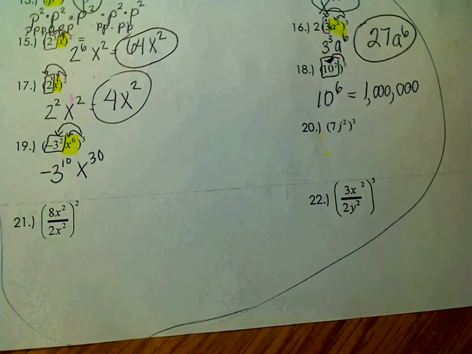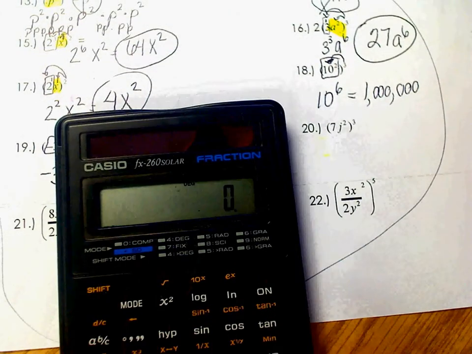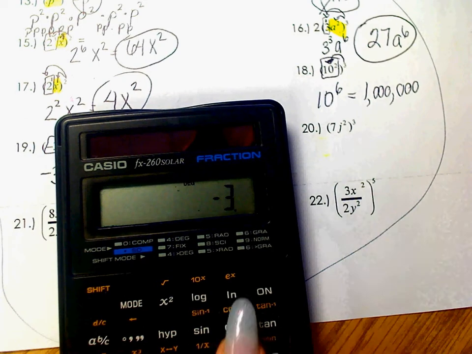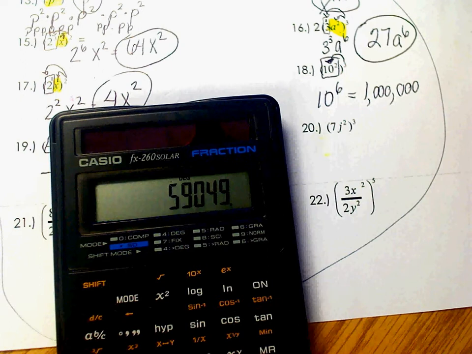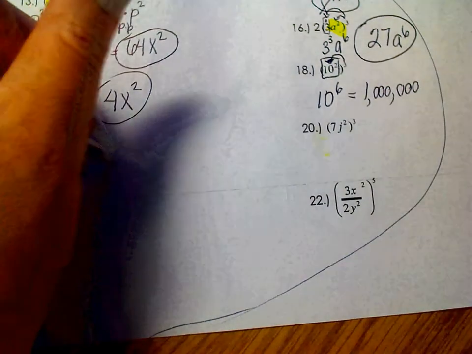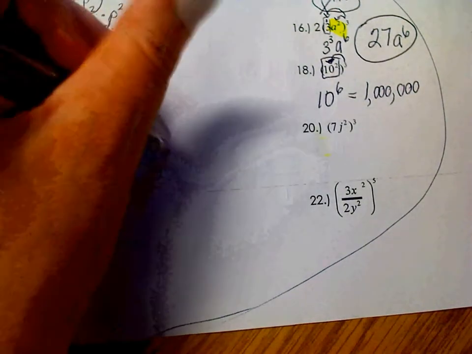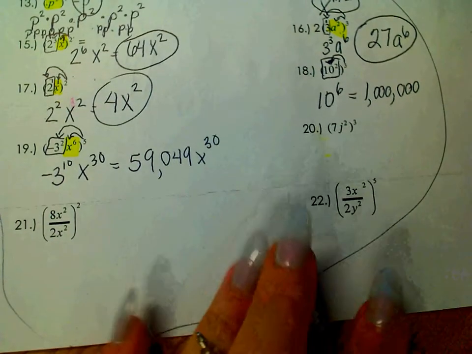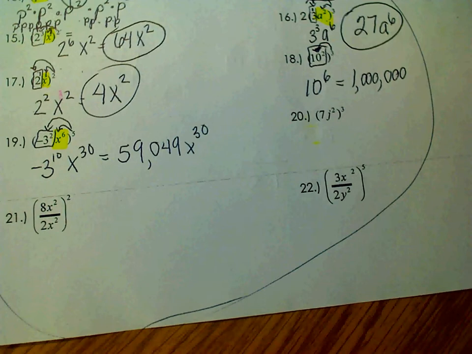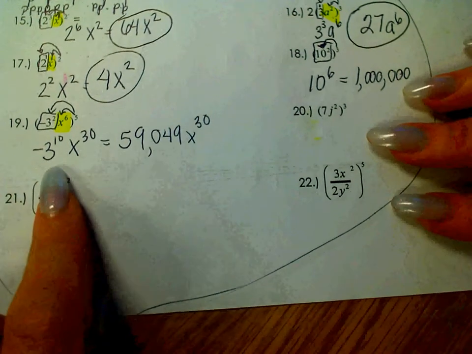Let's see what negative 3 to the 10th power is. So negative 3, exponent 10, okay, 59,049 x to the 30th power. That's weird. Never seen anything like that. It's a really big coefficient. I guess we could leave that like negative 3 to the 10th power. Either one is fine.